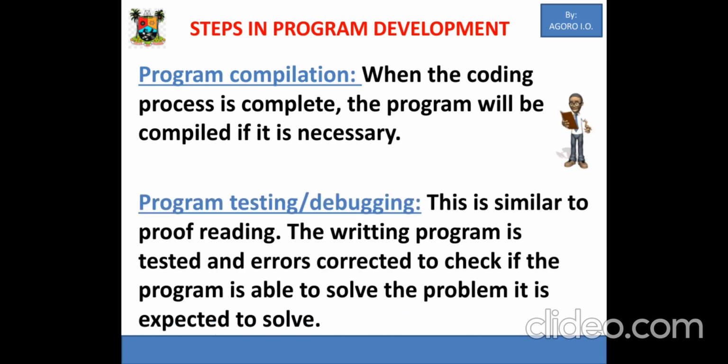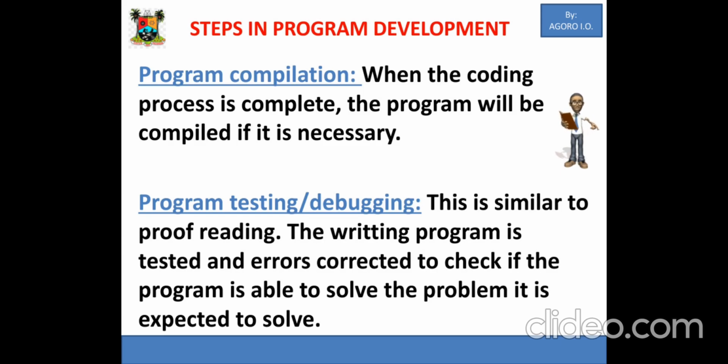Let us look at program testing or debugging. Debugging simply means you are trying to remove errors from the code or from the program. This is similar to proofreading. The written program is tested and errors corrected to check if the program is able to solve the problem it is expected to solve.